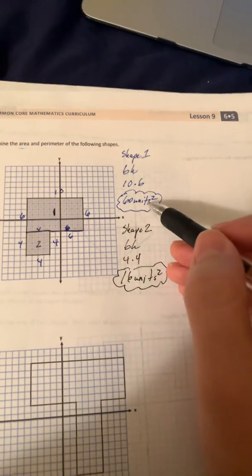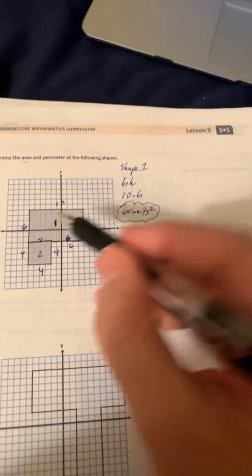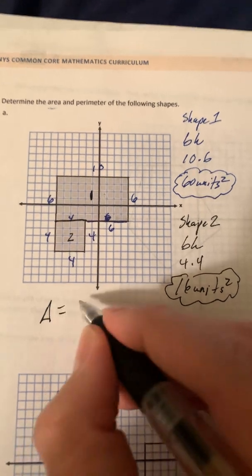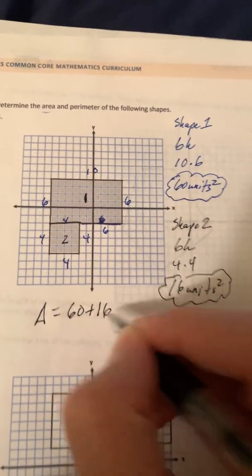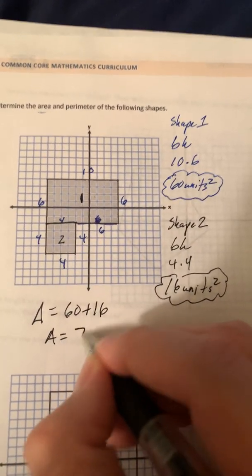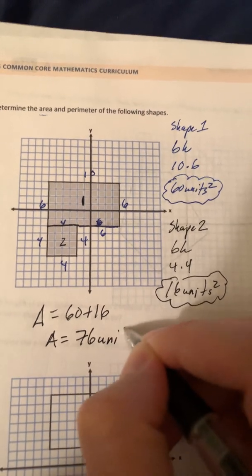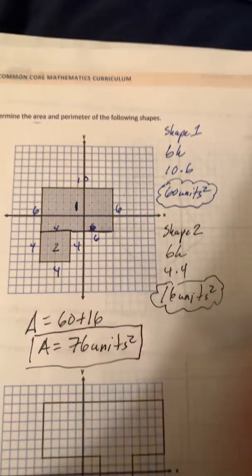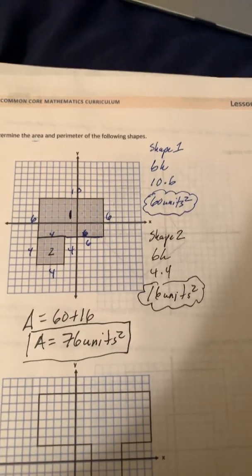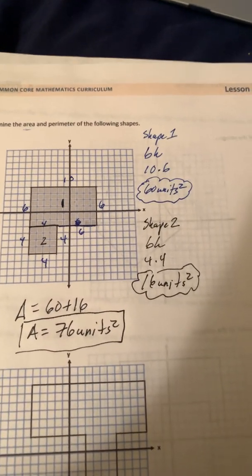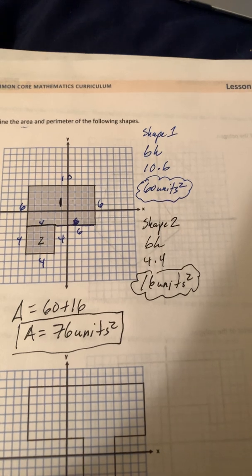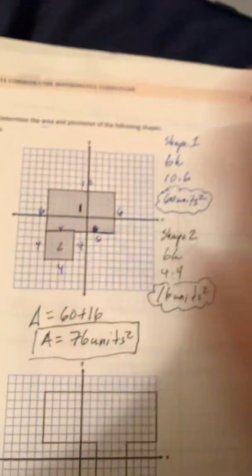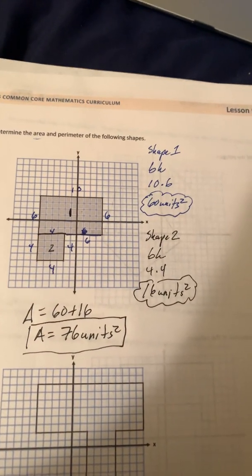And now what I'm gonna do is add the 60 and the 16, and it should give me the area of the entire shape. So the area is 60 plus 16. That is 76 units squared. So that's the area of this shape.